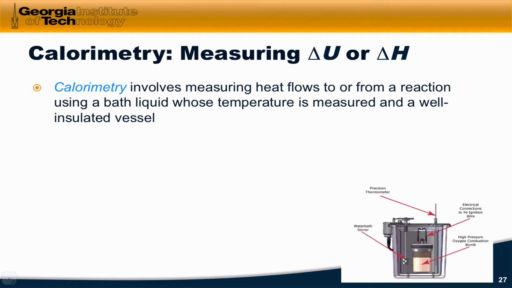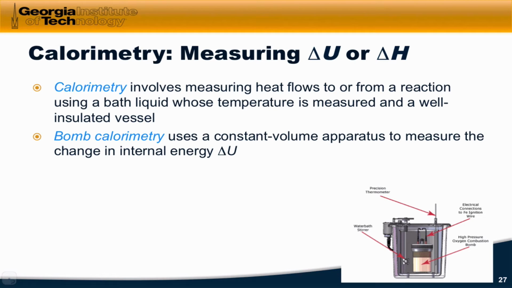We insulate the vessel so that we can imagine, ideally, that no heat is leaking beyond the bath liquid. So any temperature change in the bath liquid is associated with heat flows to or from the reaction mixture.